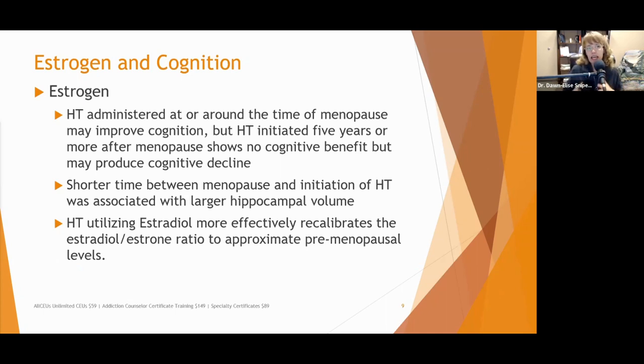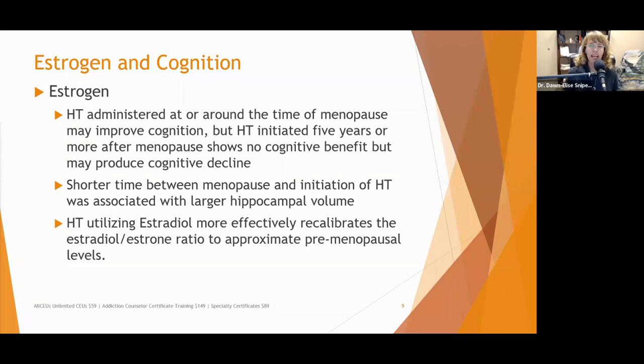Does that mean she's going to have cognitive decline because she doesn't have premenopausal levels of estradiol? No. It's been 20-30 years since her hysterectomy, and she's doing just fine. But we do want to pay attention to the fact that that can be a risk factor.